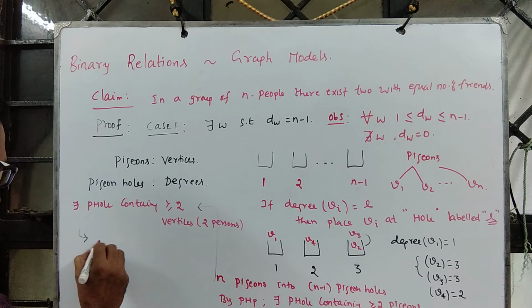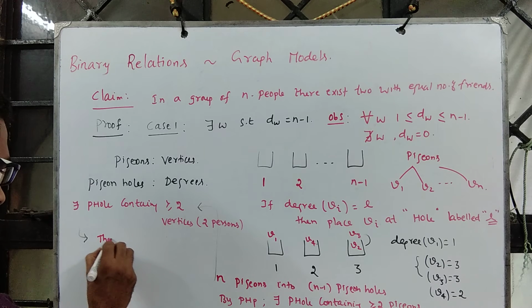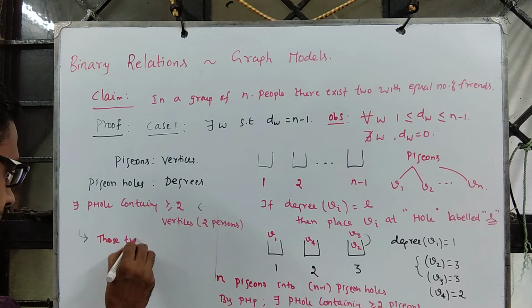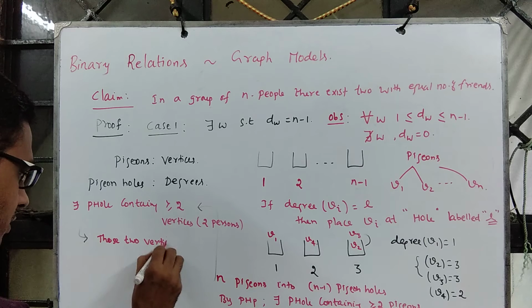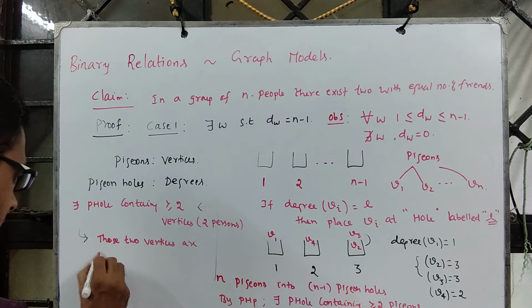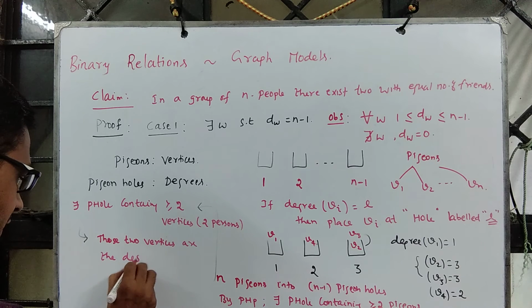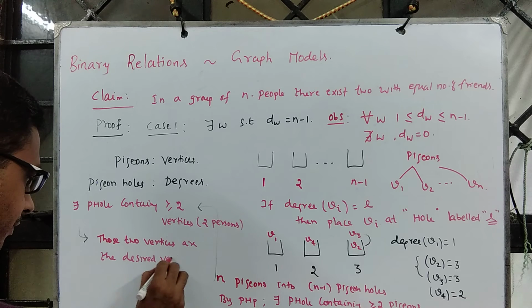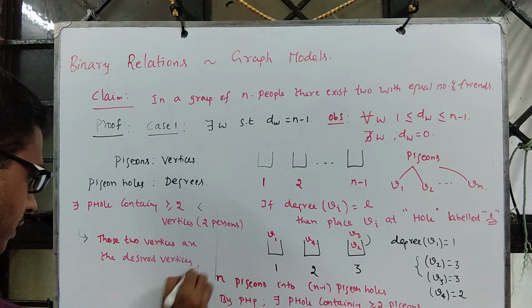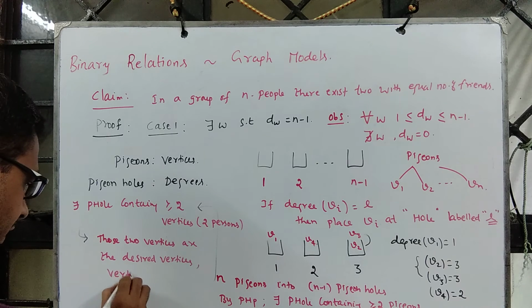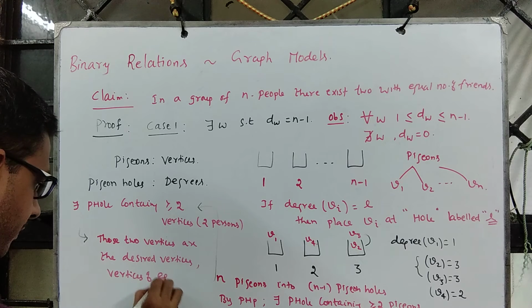So that is precisely what we want. So those 2 vertices are the desired vertices of equal degree.